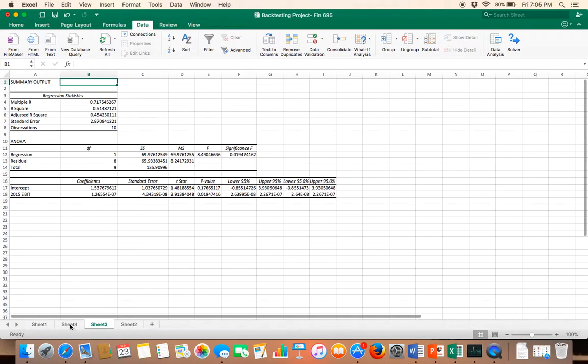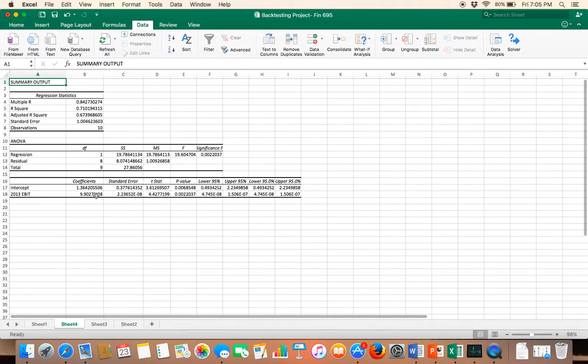Moving on to, like I said, I also did a regression test on 2013. And as we can see, the coefficient here is 9.9, and again we have to move the decimal to the left 7 spots, so again it's independent.